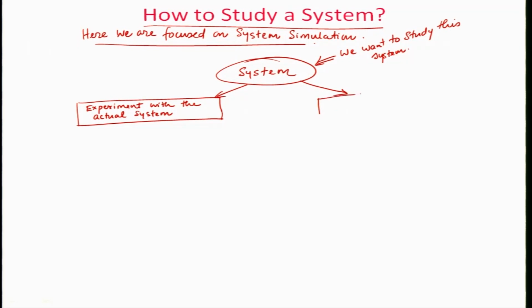The second option is to experiment with a model of the system. So, assume that you have a car manufacturing facility, let us say, for example, automotive manufacturing.